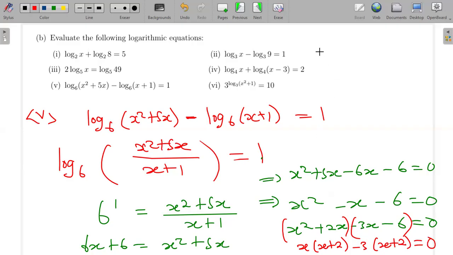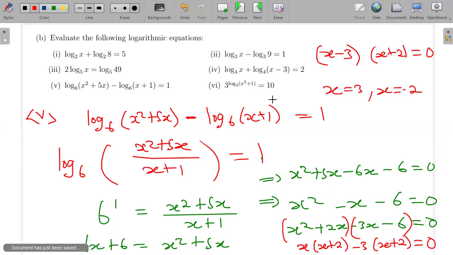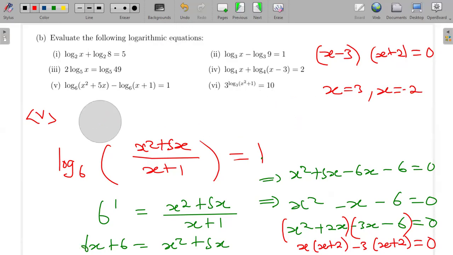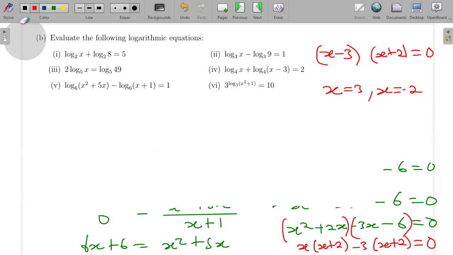Okay, so it means I have x minus 3 and then x plus 2 is actually equal to 0. So if I equate this to 0, I get x is equal to 3. There, I'm going to get x is equal to minus 2. Okay, so we get two answers: x is equal to 3, x is equal to minus 2.